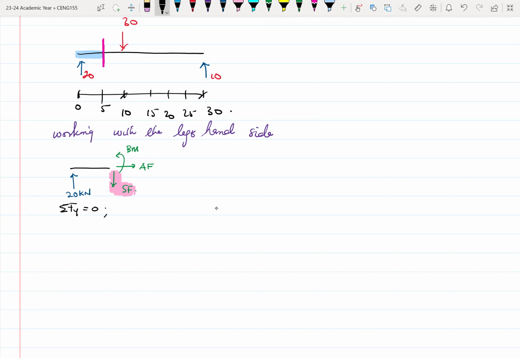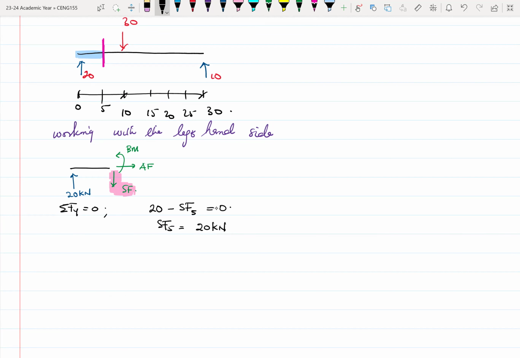So 20 is upwards. Okay, let's look at something for now. 20 is upwards minus the shear force at 5 meters. So SF5 equals 0. So SF5 will be equal to 20 kilonewtons. All right.